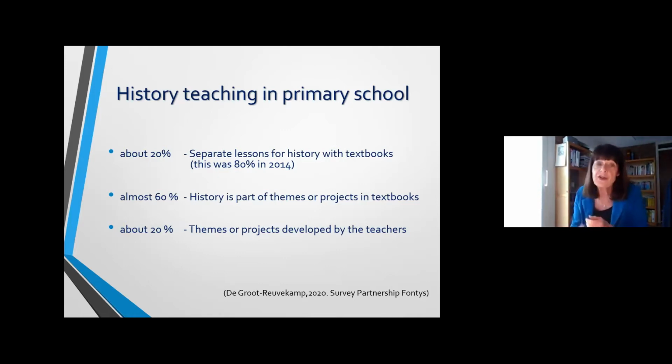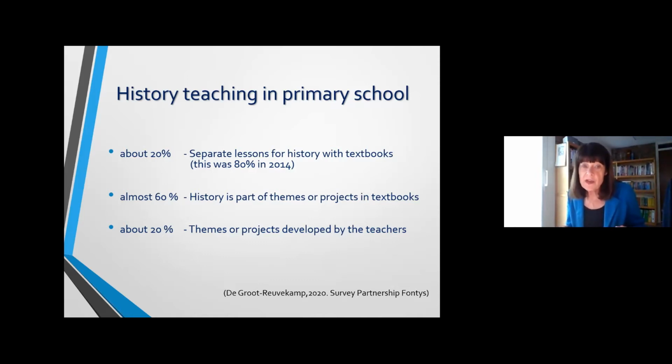Well, the latest research on how history is taught together with geography and science has been conducted by the Dutch Inspectorate in 2014. And in 2014, 80% of the Dutch primary schools worked with separate textbooks for history, geography, science in their lessons. Recently, I conducted a small survey myself in 5 centers of teacher training in the region where I used to work.